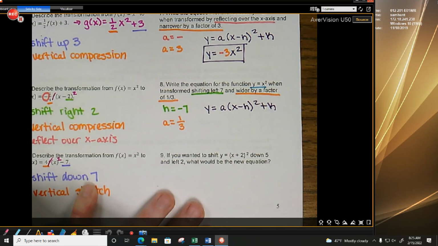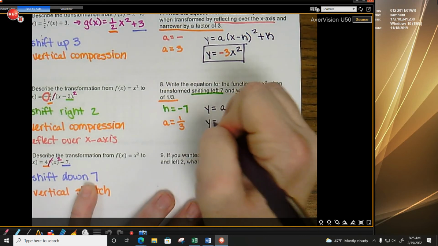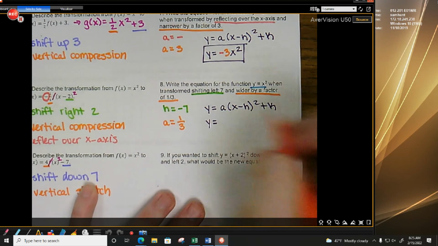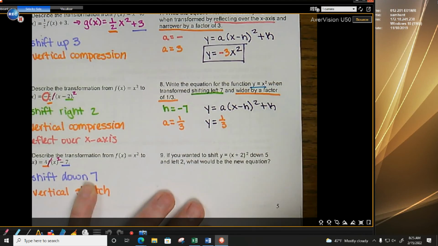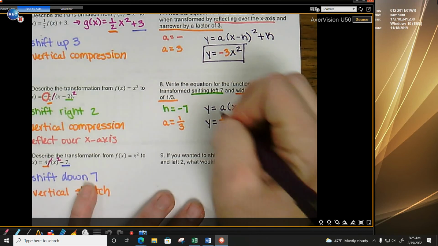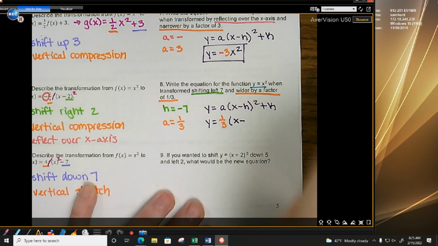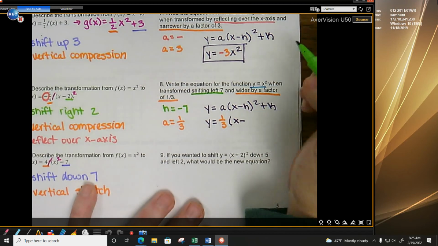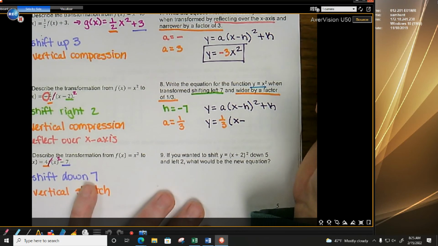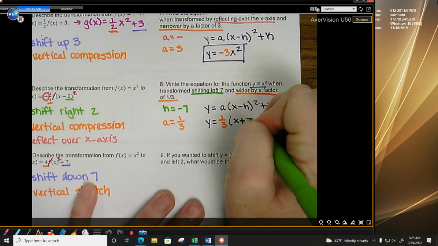Do I need the parentheses? Do I have an h value this time? Yes. So x minus, what's h? Negative 7. So minus a negative becomes plus 7, squared. Do I have a k value? No, don't put a k out to the side. Don't put plus anything. So there is my new equation.